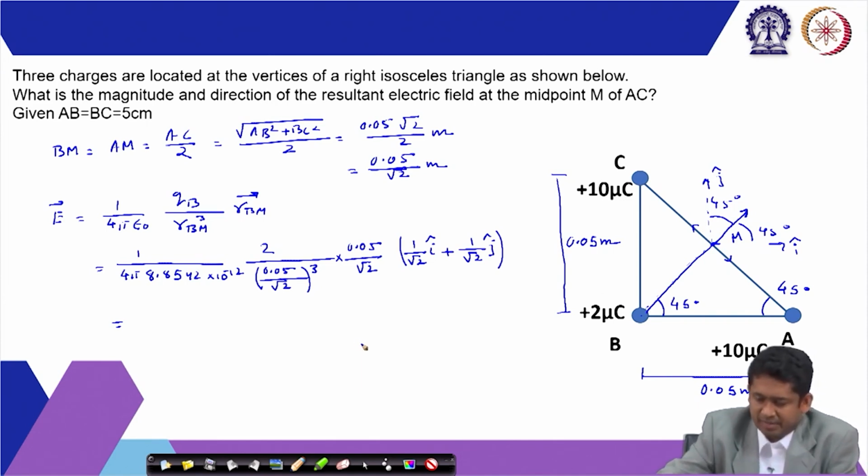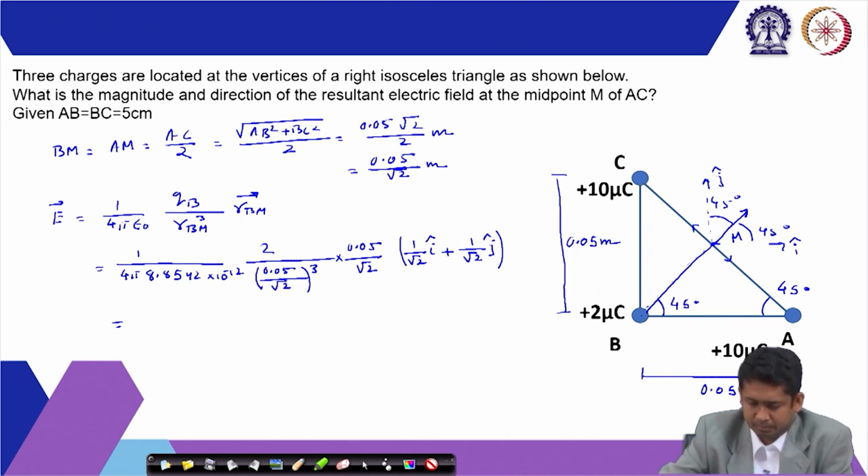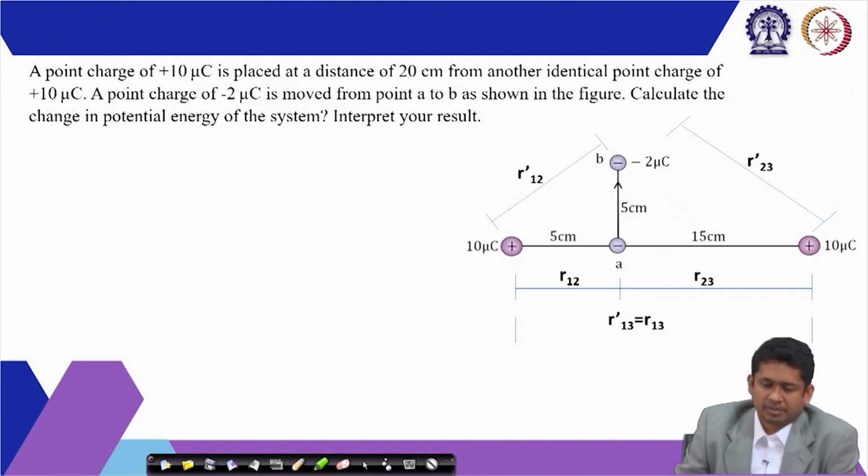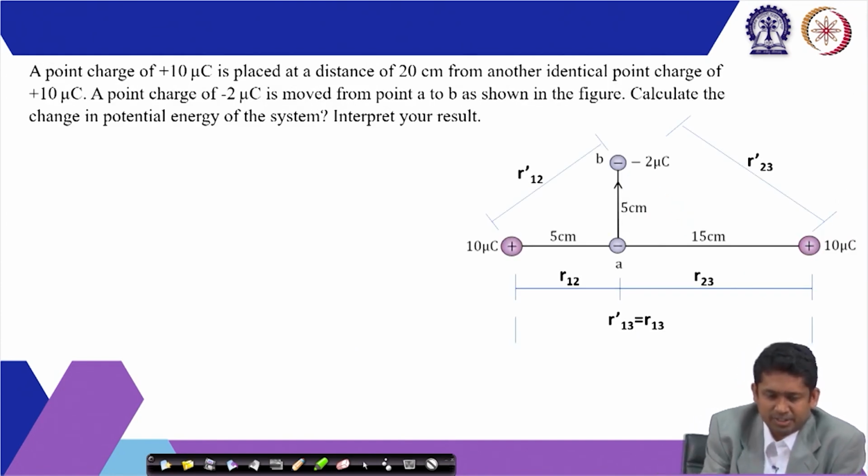Now, we will look into the next problem. The next problem says a point charge of 10 microcoulomb is placed at a distance of 20 centimeter from another identical point charge of 10 microcoulomb.